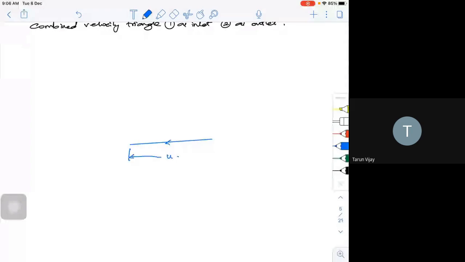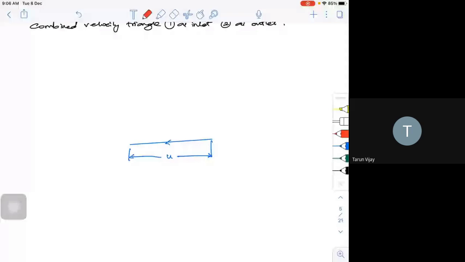Now, as this particular velocity will be coming into it, I can draw a combined velocity triangle. So this will be my V1, that is the absolute velocity which is entering. Then I'll be having your VR, so VR will be something like this.